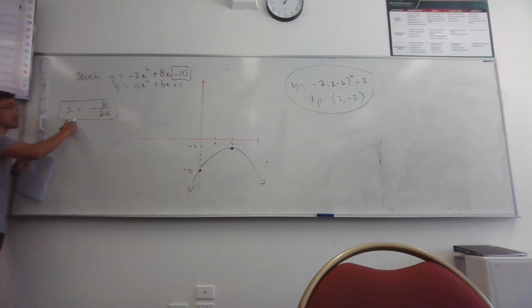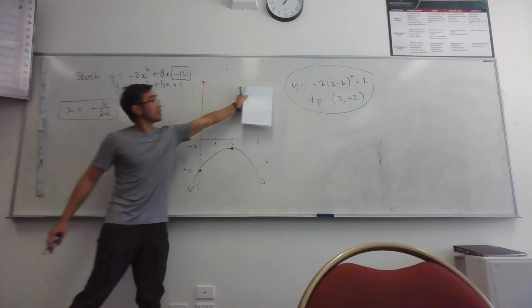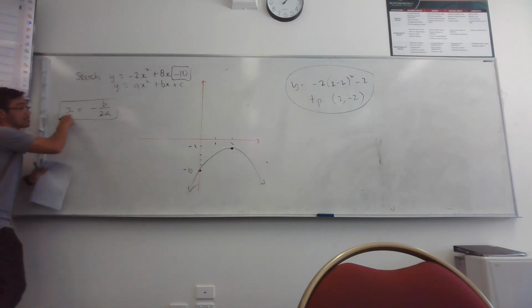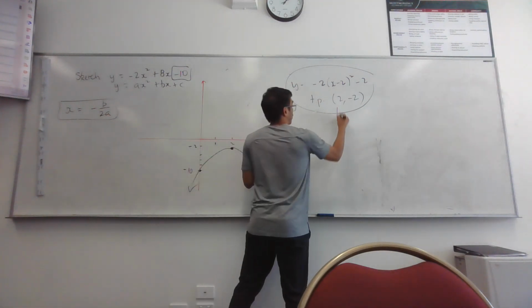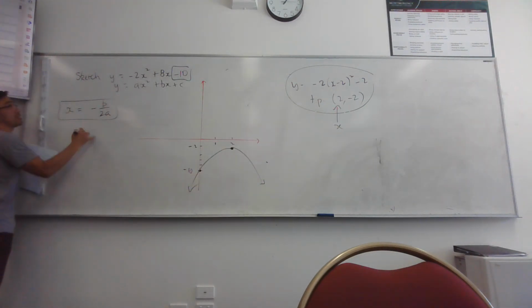This formula helps us to locate the turning point when it's written out in expanded form. Over here, we just read it off. What's our b? 8. And what's our a? 2. -2.